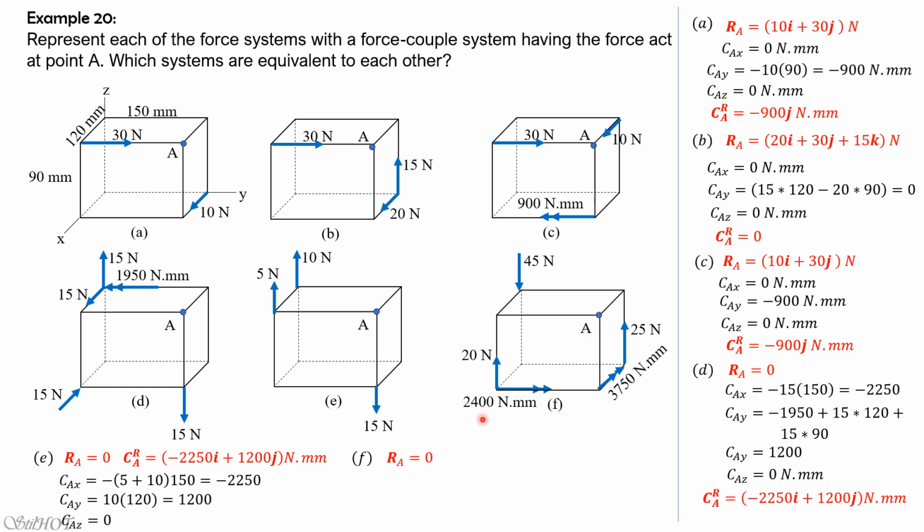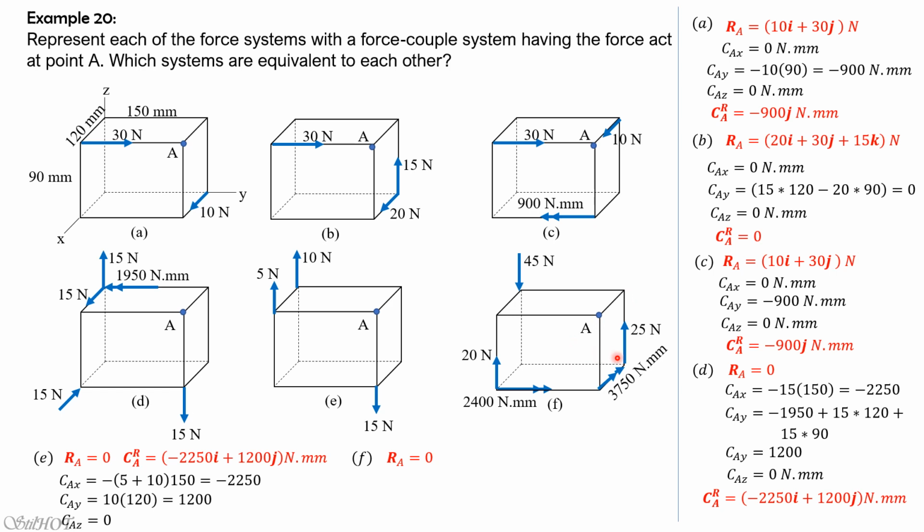By the way, this is 2,400 j Newton meter because that is along Y. This one is negative 3,750 along X, so negative 3,750 i. Because this is AX, the 25 passes through AX, so 0; these two will produce a moment about AX.